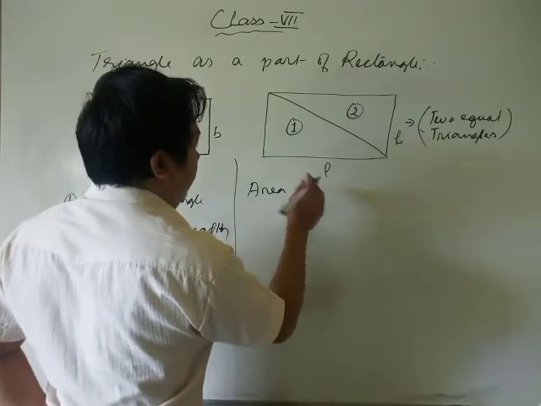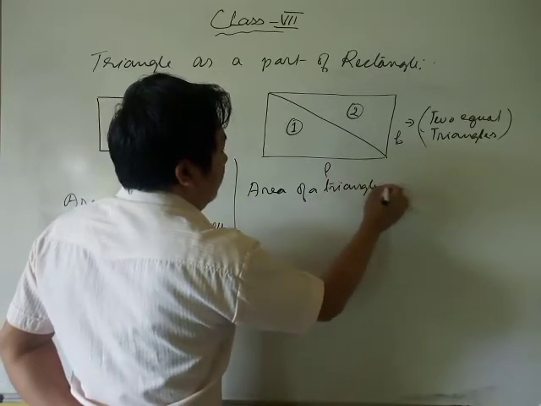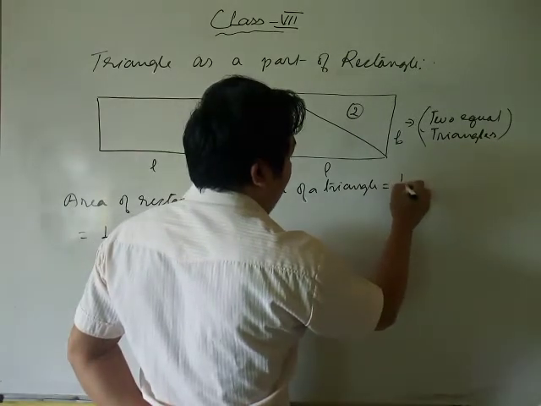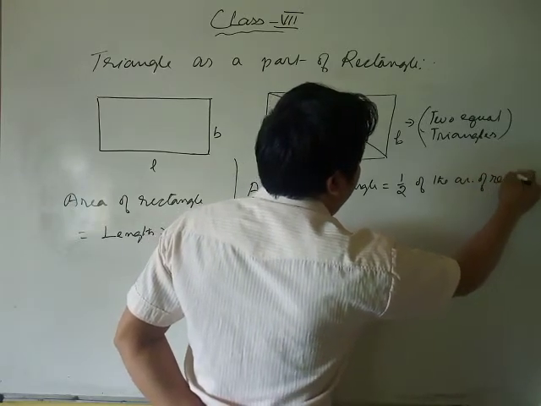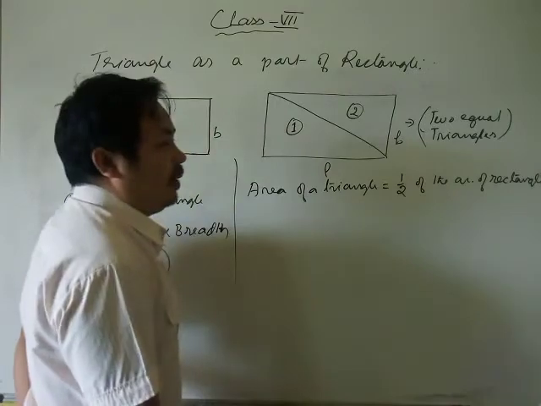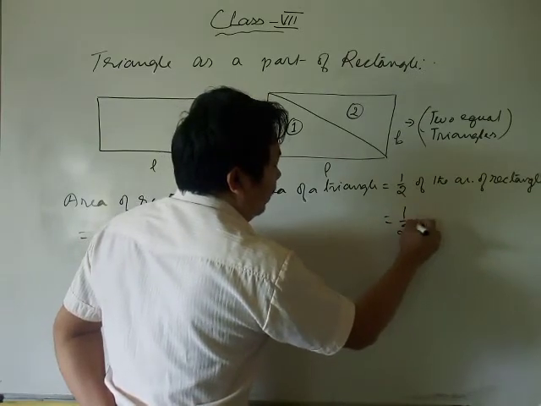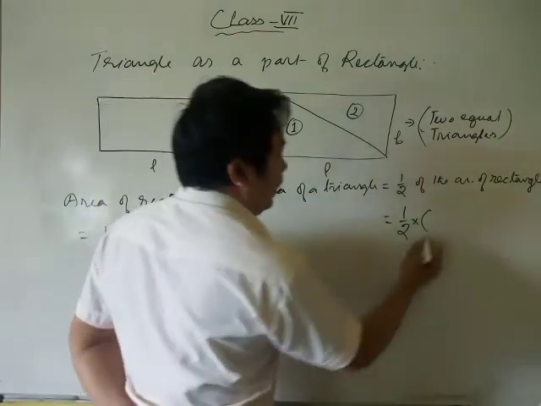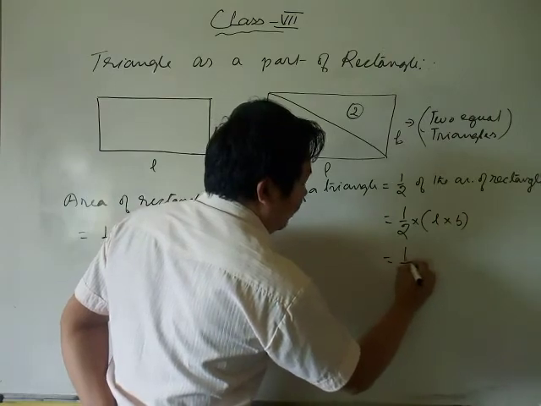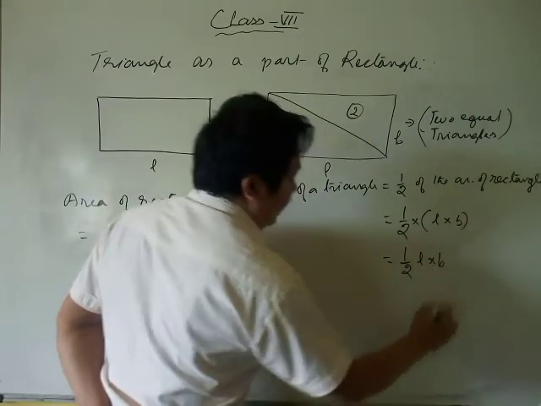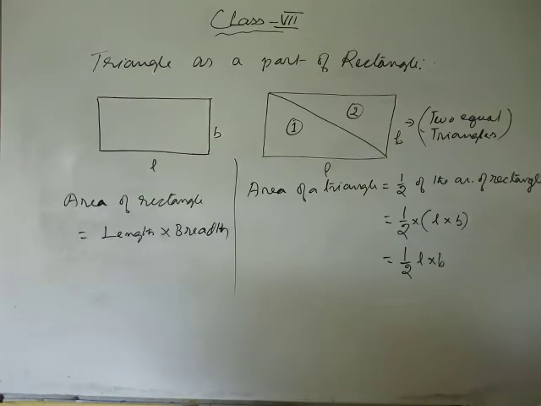Area of any of the triangles will be half of the area of the rectangle, isn't it? Therefore, area of triangle will be equal to half into the area of the rectangle, this L into B. Now we got half L into B. That means area of the triangle is half the rectangle.